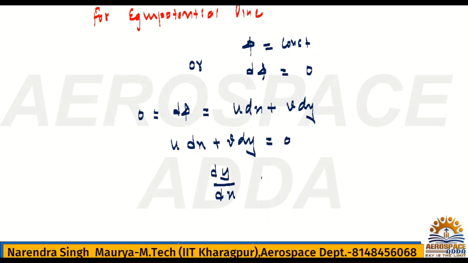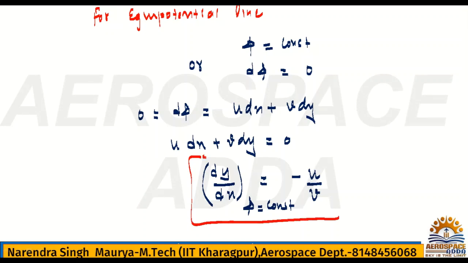What is dy by dx? It is nothing but minus u by v. And here you have taken phi constant. Yes or no? So dy by dx at phi equal to constant is equal to minus u by v.